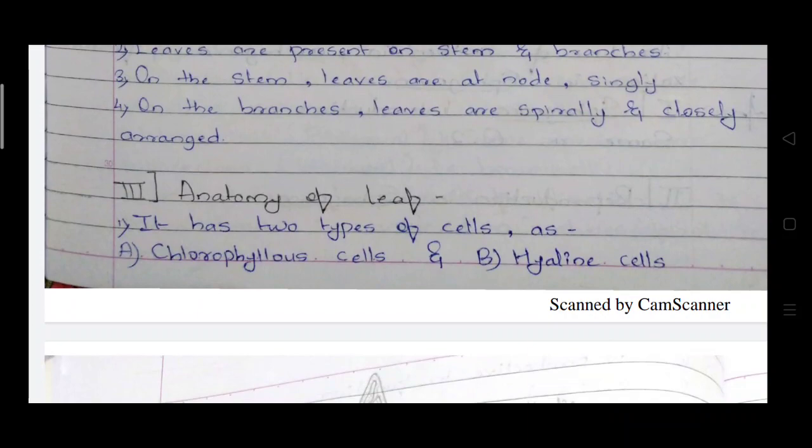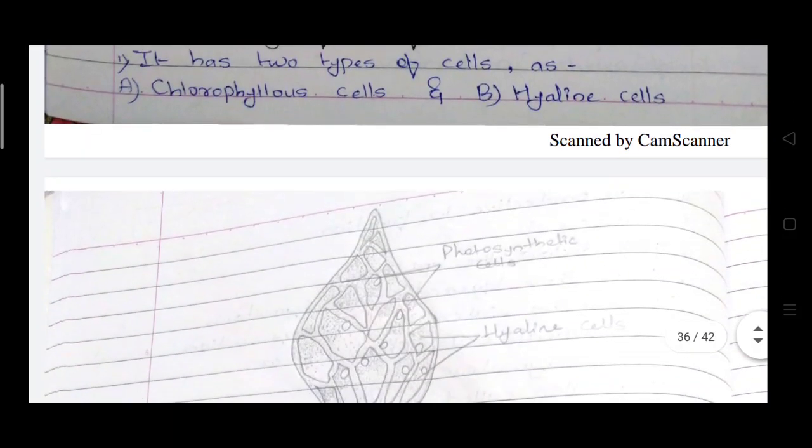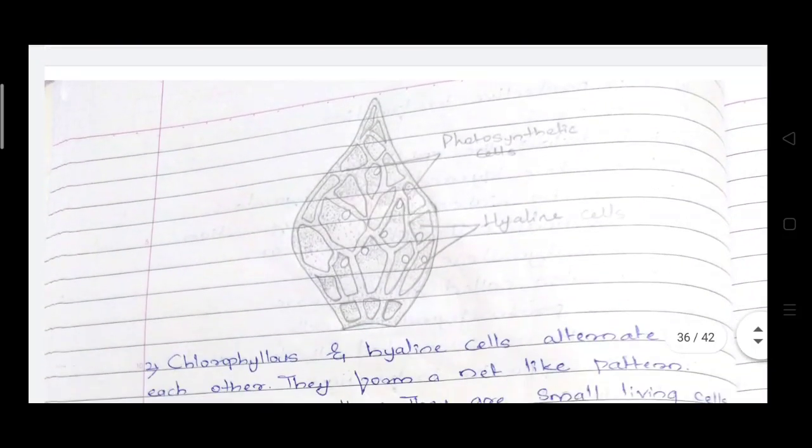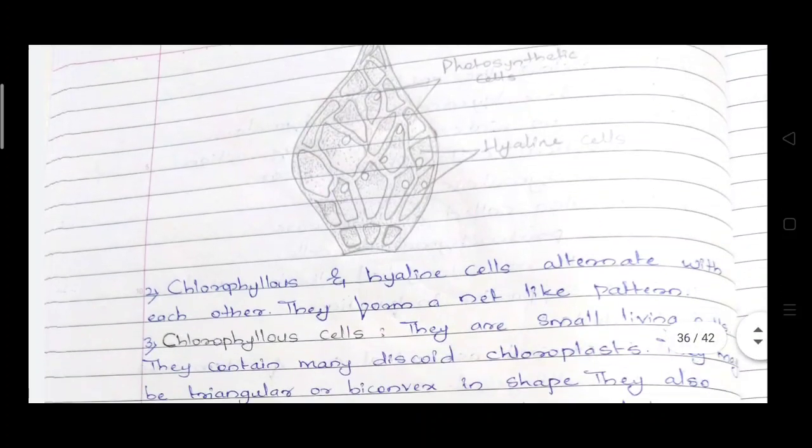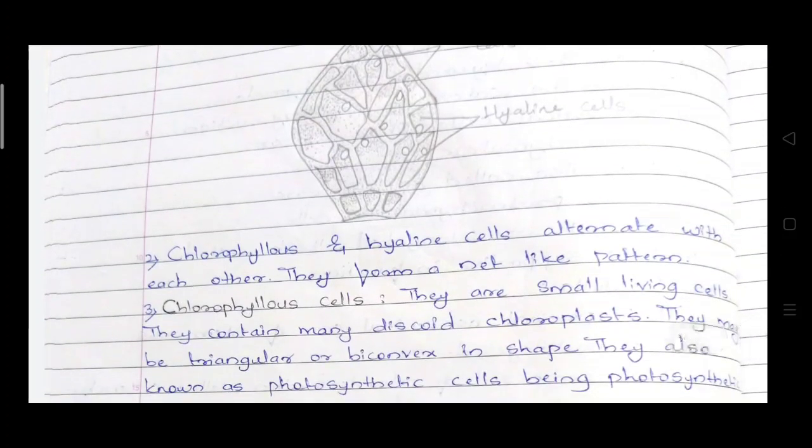If we take sections of the leaf, two types of cells are observed: chlorophyllous cells and hyaline cells. So in this structure of the leaf, some hyaline cells and photosynthetic cells are observed, that means the chlorophyllous cells.